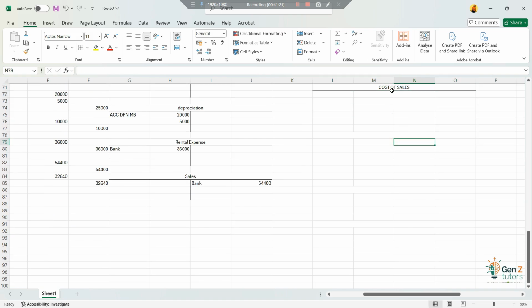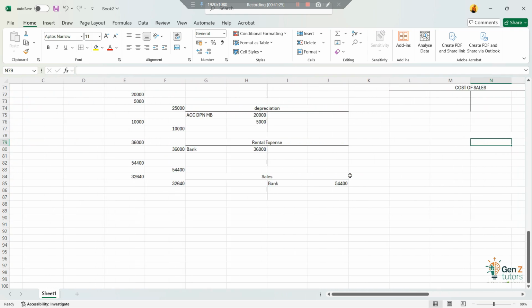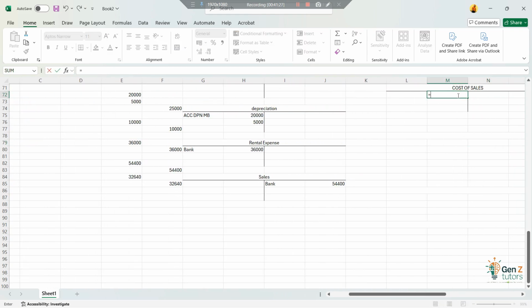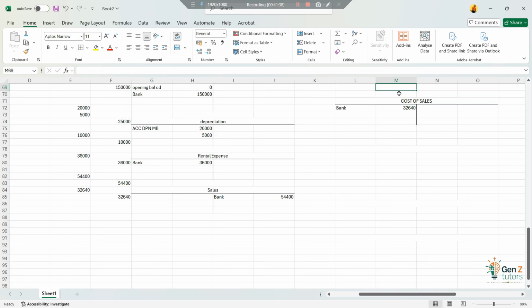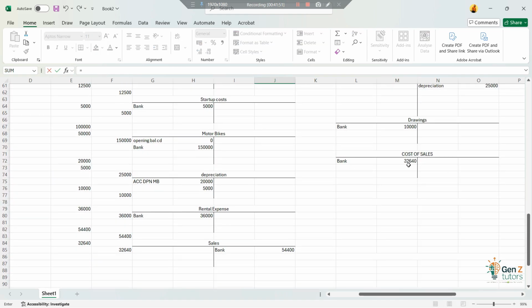Then with the cost of sales, you have to say, fine, we're going to debit cost of sales due to 2,640, and then we're going to insert bank over here, bank, and then you go to the bank ledger also again, and say you're going to credit cost of sales, with that particular amount, this 36,000 what.